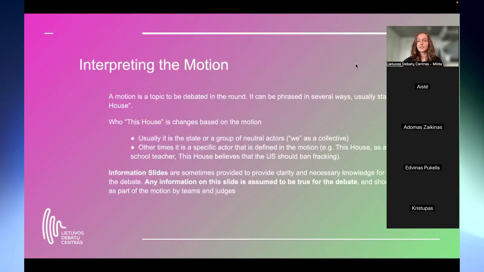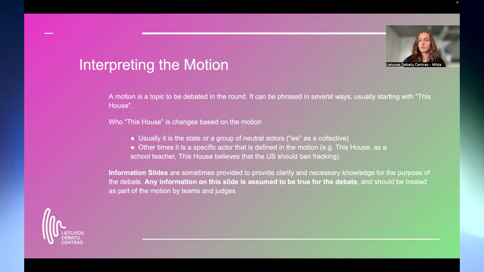So the first thing that we can talk about is just what are motions? How do you interpret them? So a motion is basically a topic that you debate in the round. It can be phrased in several ways, but usually it starts with "this house." So who is this house?